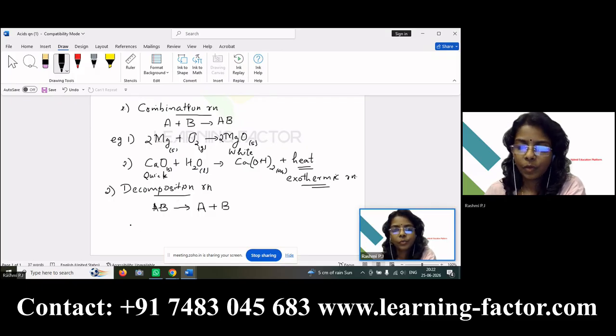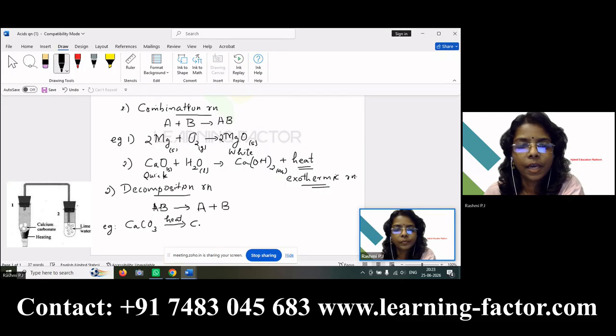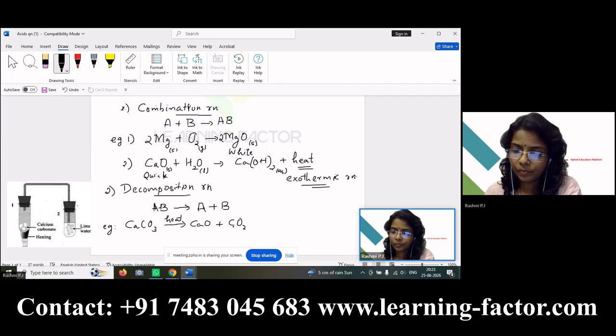One example for decomposition reaction is heating of calcium carbonate. If we heat calcium carbonate, the products obtained are calcium oxide plus CO2 gas. This is solid and this is also solid.